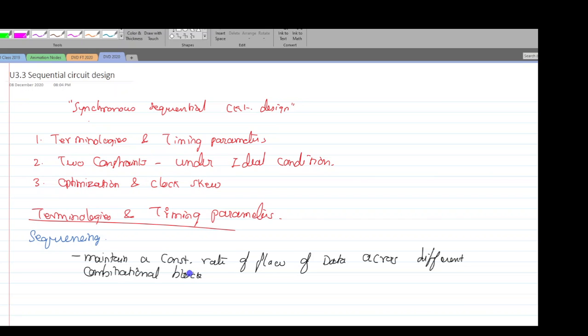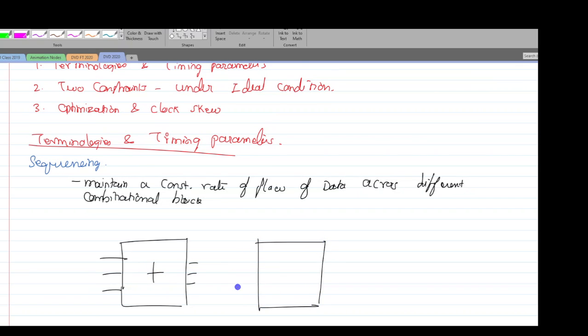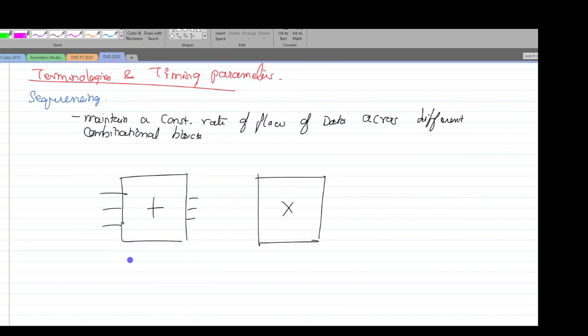Okay, so now let me just try to picturize what I have written down with some sort of block diagram. Let us assume that there are 2 blocks, and it has multiple inputs as well as multiple outputs here. In general, let us assume that the first block that I have drawn here is a combo logic of maybe an adder, and the next block is composed of one more logic where we have some sort of multiplier, and the block may also get some input from the other side as well.